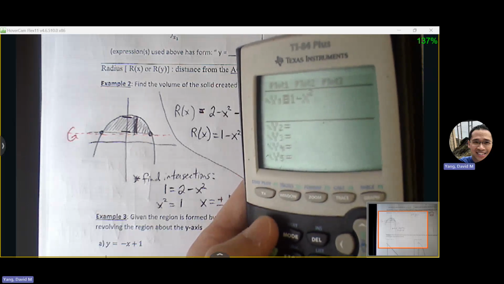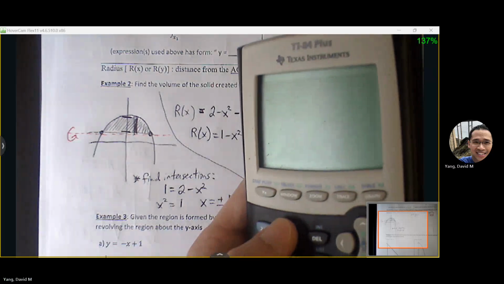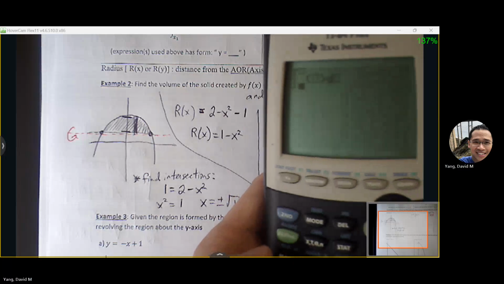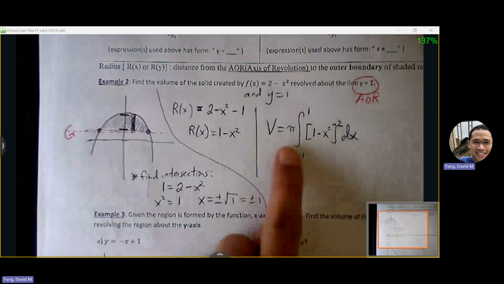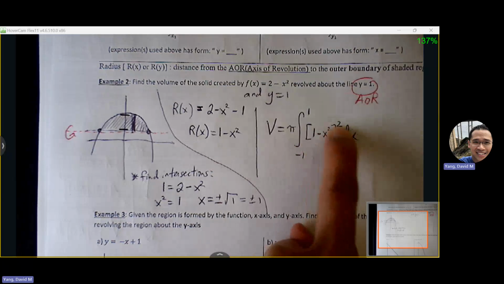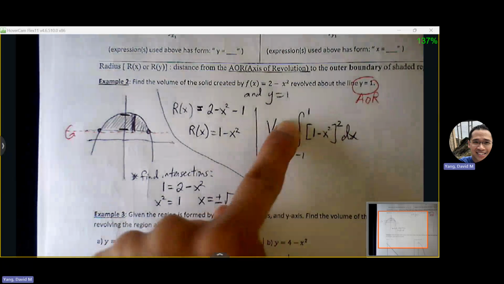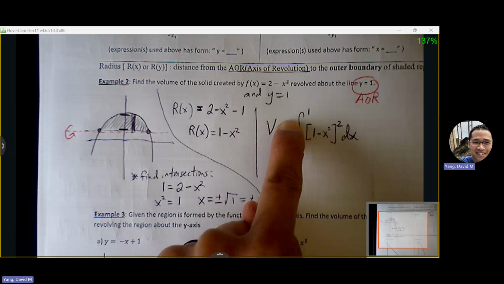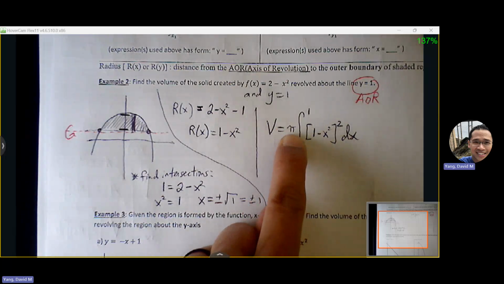Go back to your home screen. Now do Math 9. Now, as you put this into your calculator, don't put pi in the calculator. If you put pi in the calculator, it'll still give you an answer, but it'll give you a decimal version of the answer. If we just put this integral in without pi, we may have a chance to have an exact value, because if you put pi in the calculator, it'll return a decimal value.